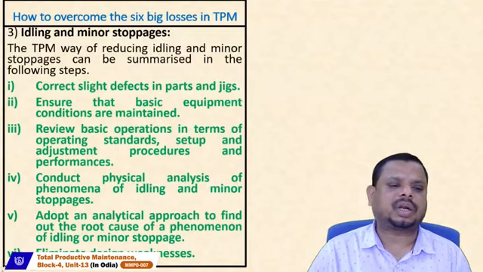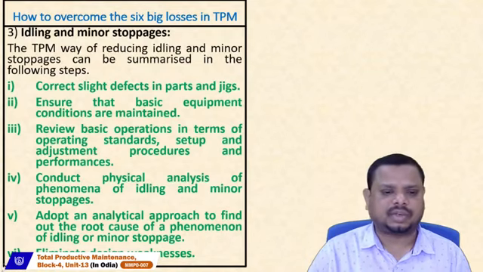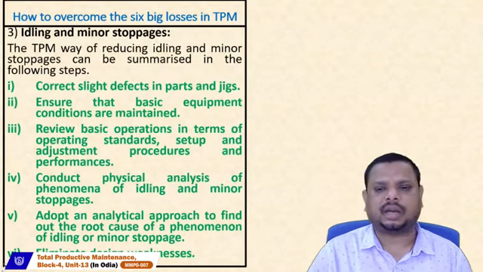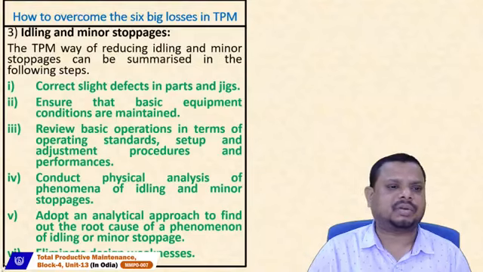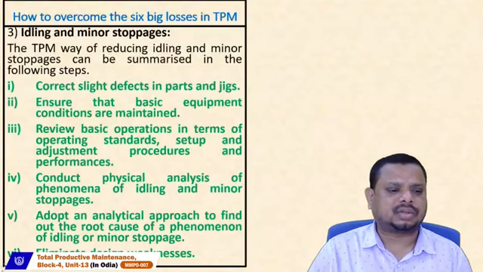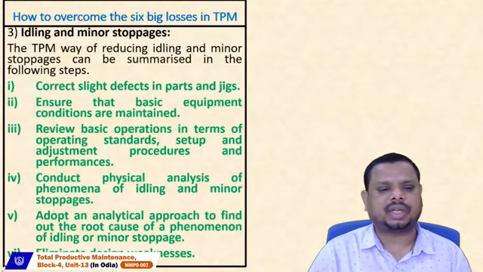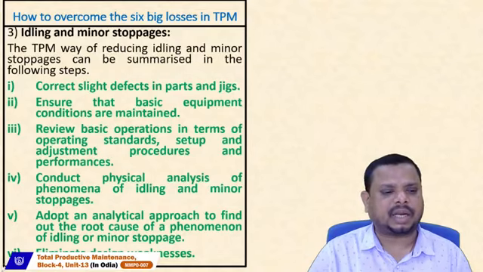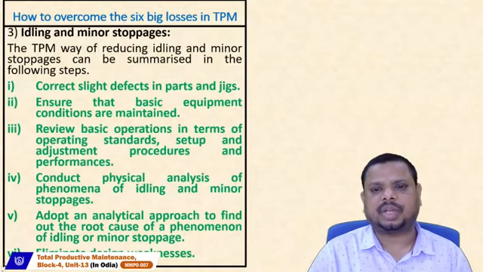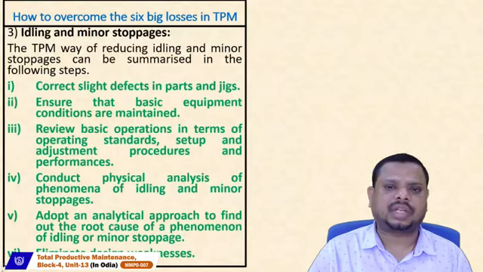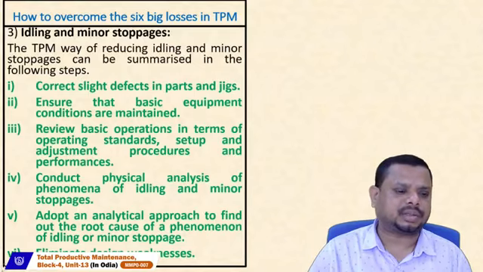The fourth one is to conduct physical analysis. Physical analysis helps avoid breakdowns, which account for 80% of breakdowns in industries. So if you find any idling and minor stoppage, these are simply avoided through physical analysis of machines and equipment.